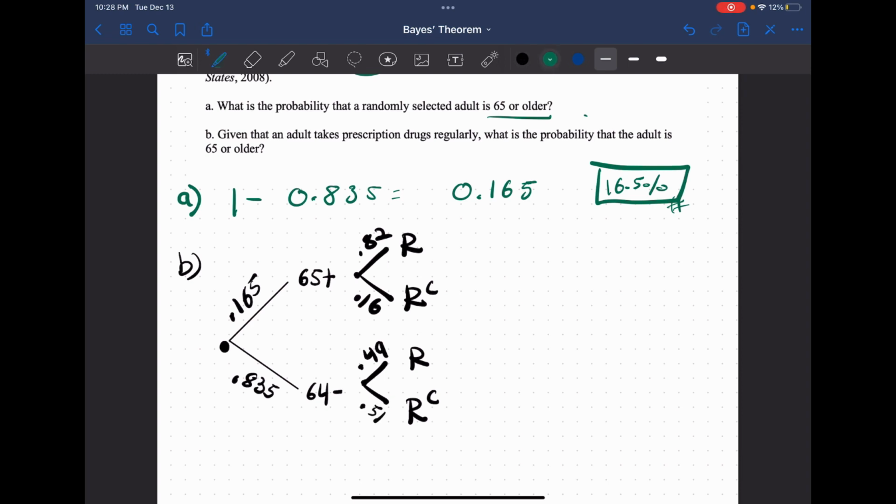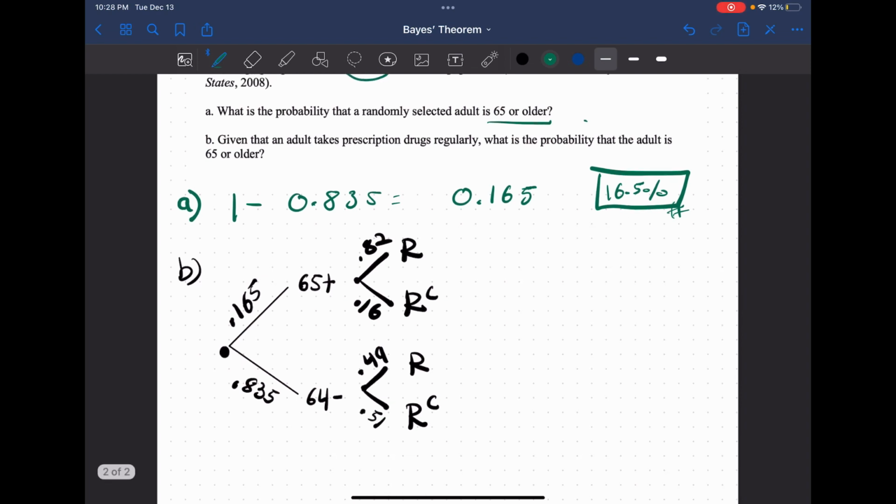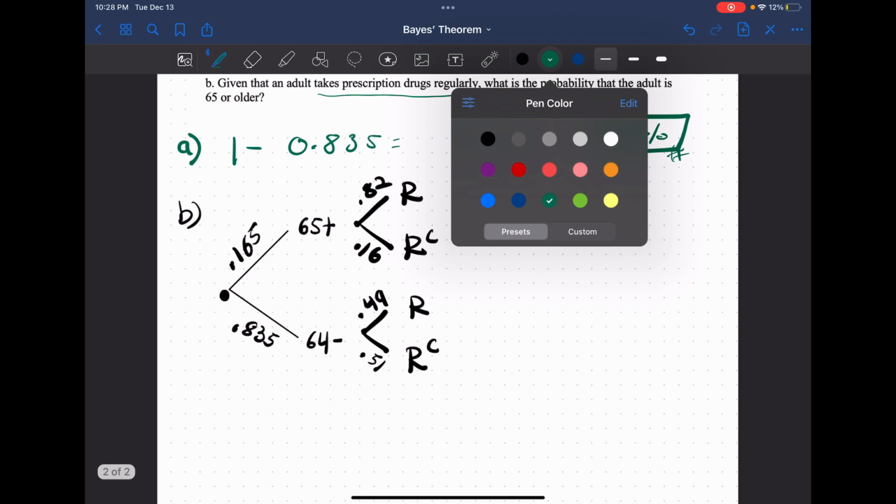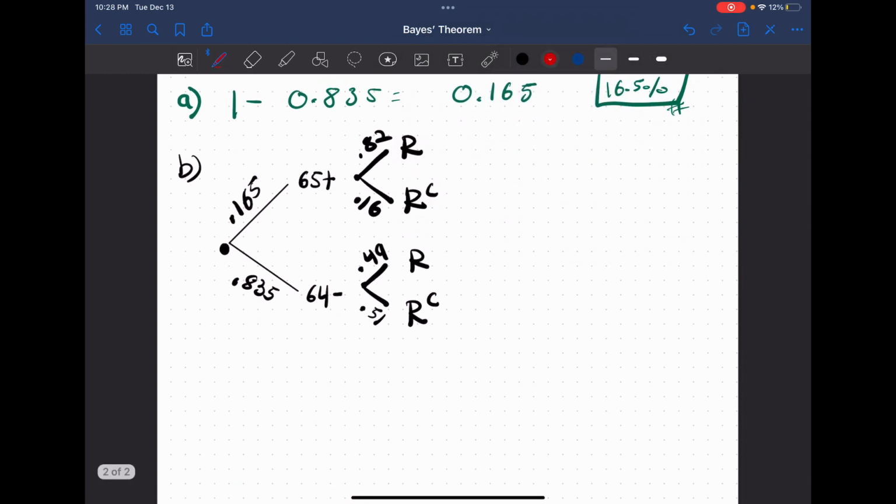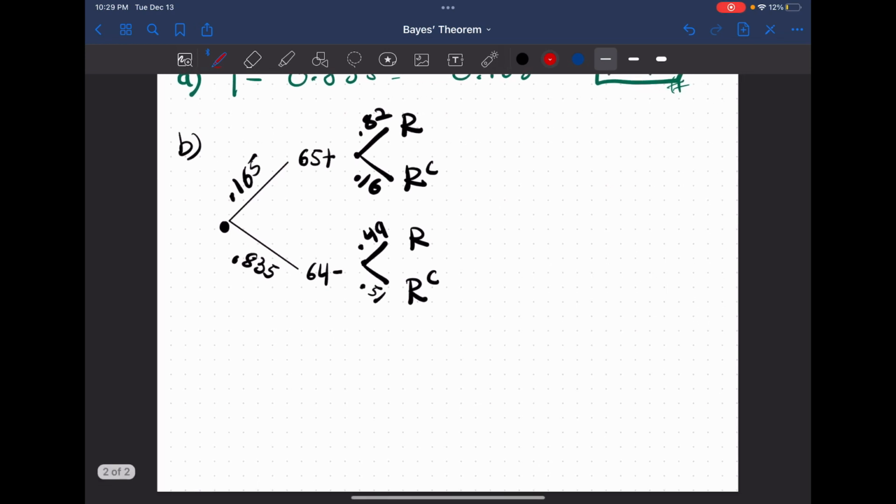So now you've got an idea of what is going on here. And the question is asking, what is the probability that an adult is 65 or older, given that an adult takes prescription drugs regularly? I'm going to tell you how first. I'm sure you guys are familiar with the Bayes formula directly. Some people will just plug it into the formula, but I just want to tell you how the formula is actually derived, so you get an intuitive sense of where all this is coming from.